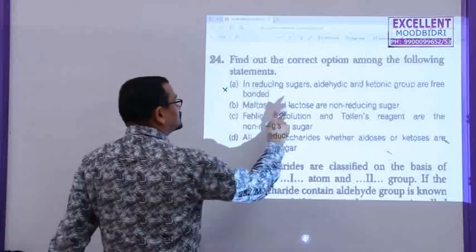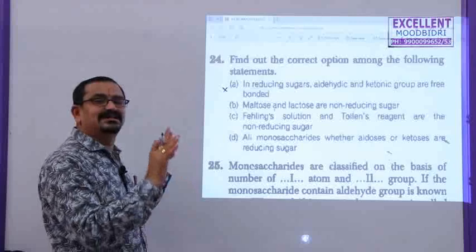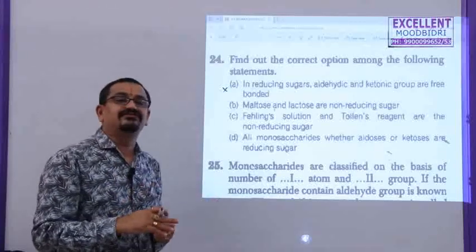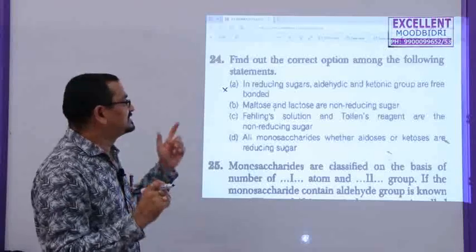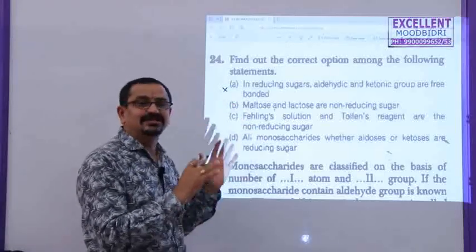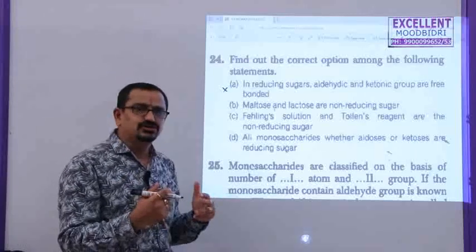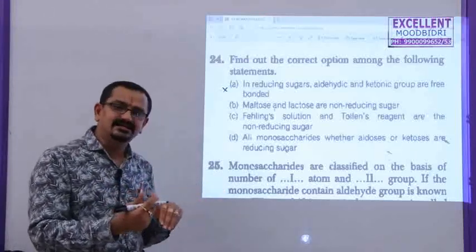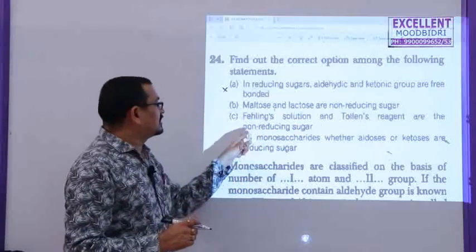Next, maltose and lactose are non-reducing sugars. No, they are basically reducing sugars because of having free functional groups. The corresponding carbonyl groups, aldehydes or ketones, are free without any bonds, so they are reducing sugars. Reducing sugars are those which can reduce Fehling's and Tollens' reagents. Fehling's and Tollens' reagents are non-reducing sugars?